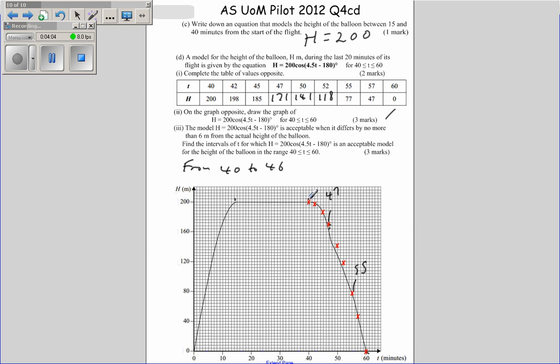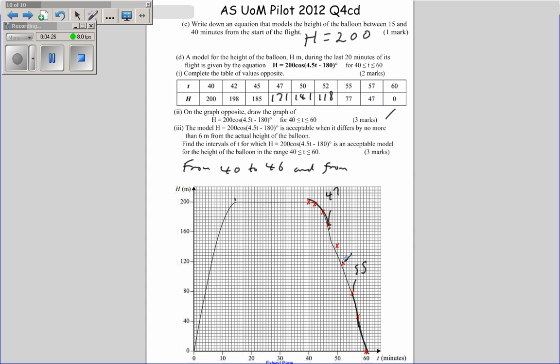This first section here is acceptable, and this last section here is acceptable as well. That was 55, our last point.